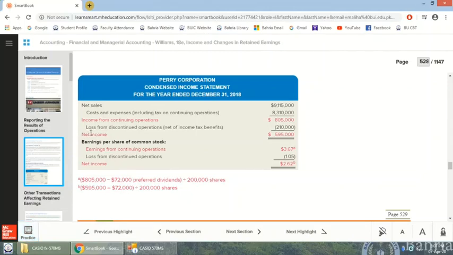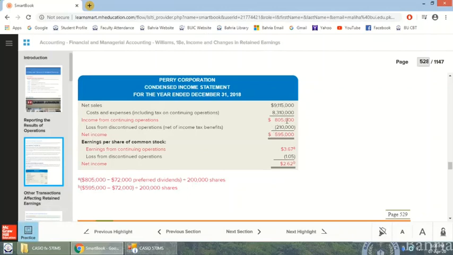the losses from discontinued operations, this net income. Again you repeat this treatment, subtracting for dividends, and you find the value, which is 2.62. This is not double subtraction.